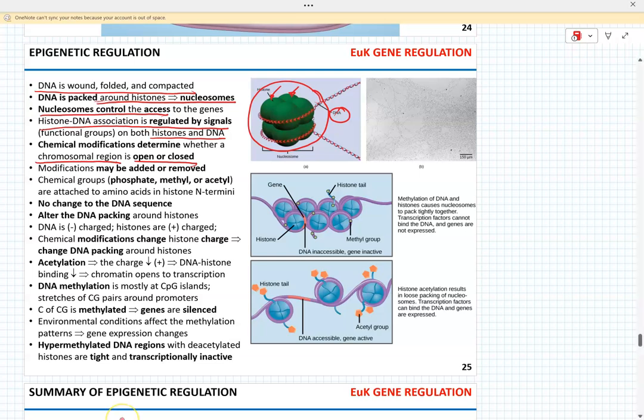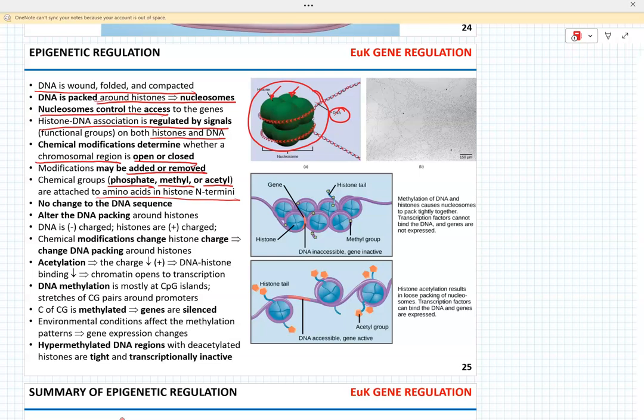These modifications may be added or removed by a set of special enzymes. The most common modifications are phosphorylation, addition of a phosphate group, methylation, addition of a methyl group, or acetylation, addition of acetyl groups. These groups can be attached to various amino acids in histones.